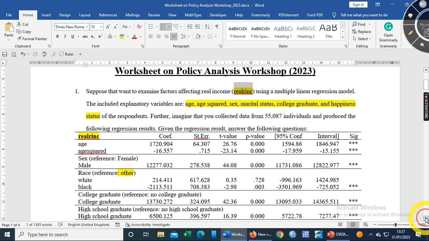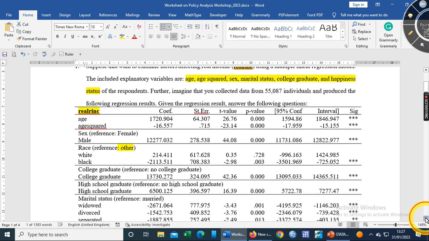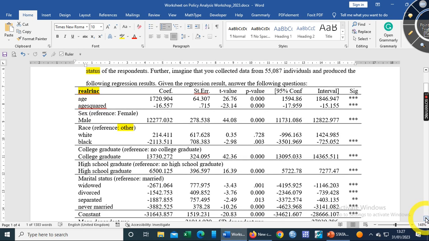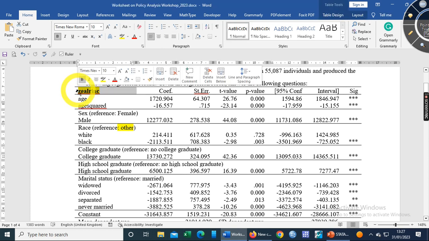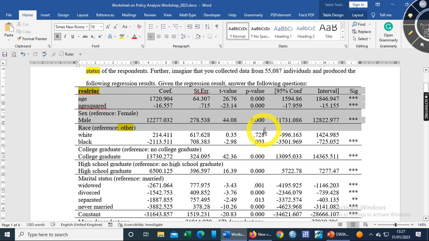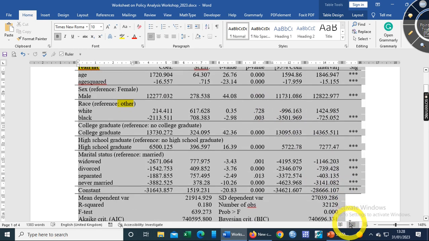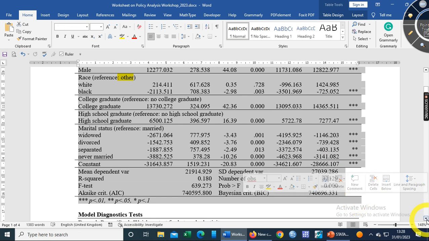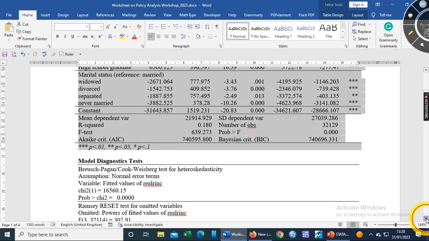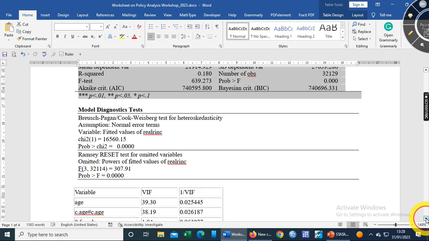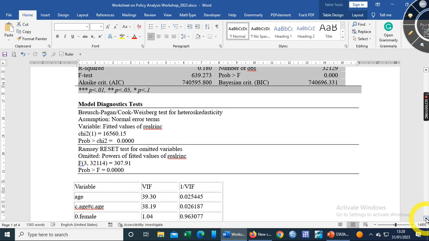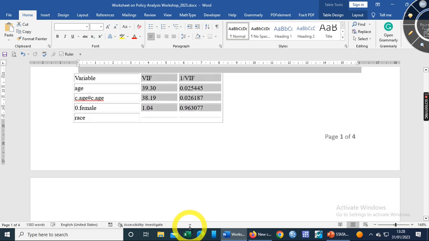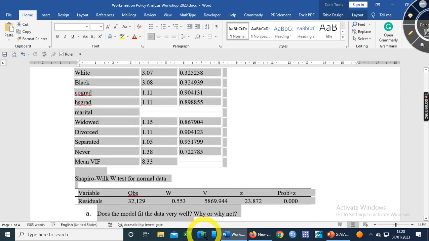Using this information, the researcher has produced this regression output. Here is our result, and the model diagnostic tests are also presented.